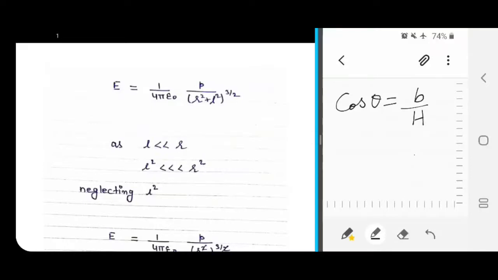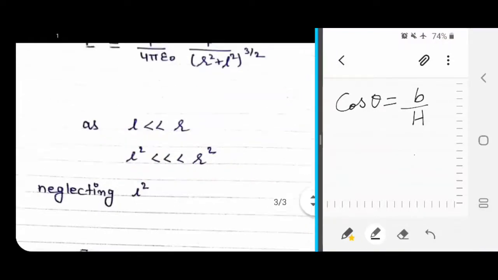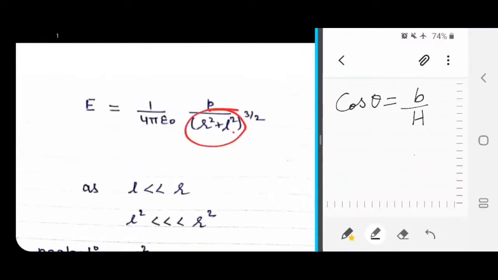And here we know that the length of the dipole is much smaller than the distance, that is l is much less than small r. Then the square of the smaller quantity is much smaller than the other quantities, that is l square is much smaller than r square. So in the term r square plus l square we neglect l square.